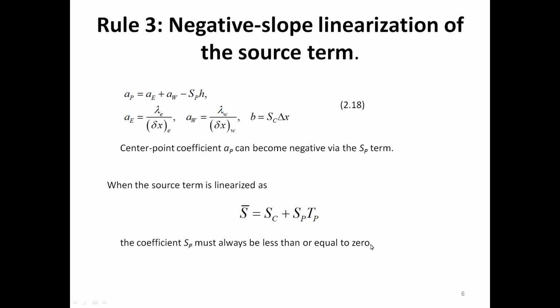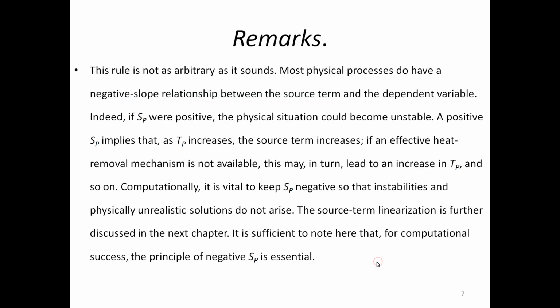Some remarks. This rule is not as arbitrary as it sounds. Most physical processes do have a negative slope relationship between the source term and the dependent variable.